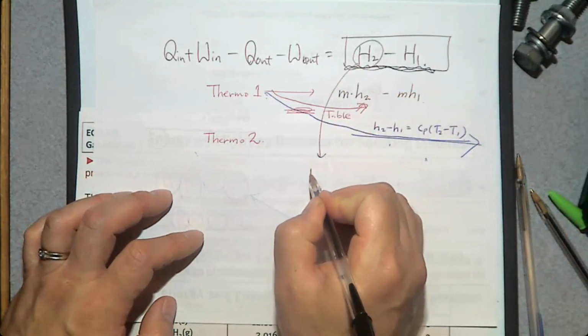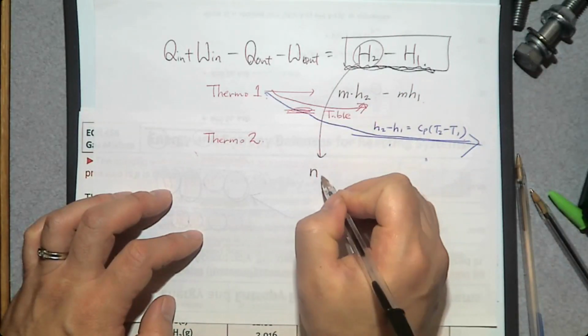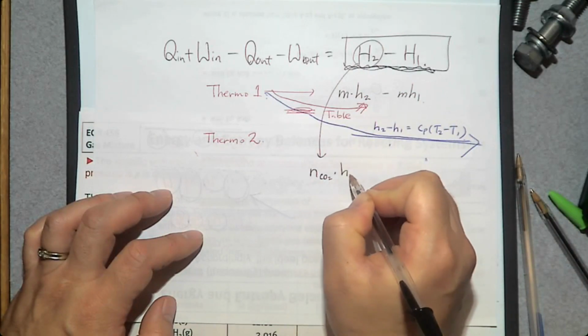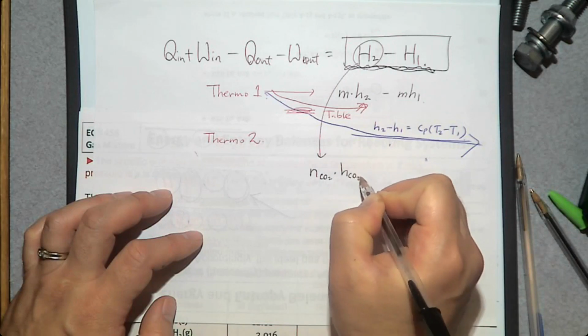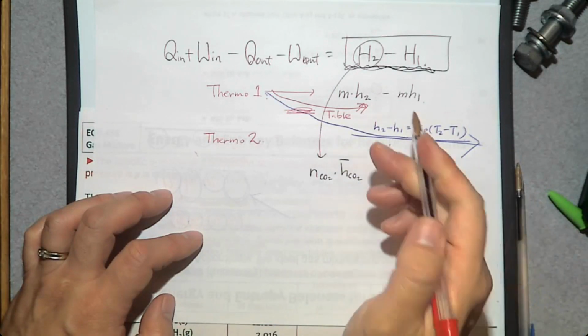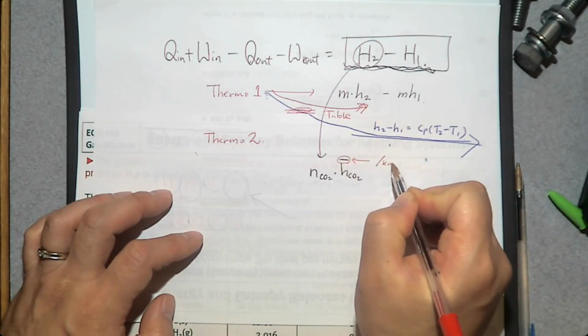The number of moles of one component, let's say carbon dioxide, times the specific enthalpy of carbon dioxide, but this is on a molar basis. That's why we add a bar on top of it, to show per kilomole.